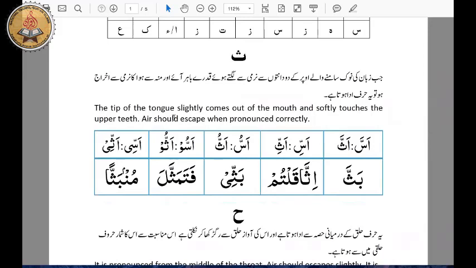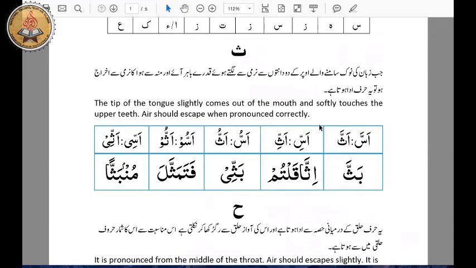The tip of the tongue slightly comes out of the mouth and softly touches the upper teeth. So when you're sounding out this letter, the tip of your tongue should be touching your top teeth. And air should escape when pronounced correctly. So an easy way to remember how to pronounce this is to think about words in the English language.